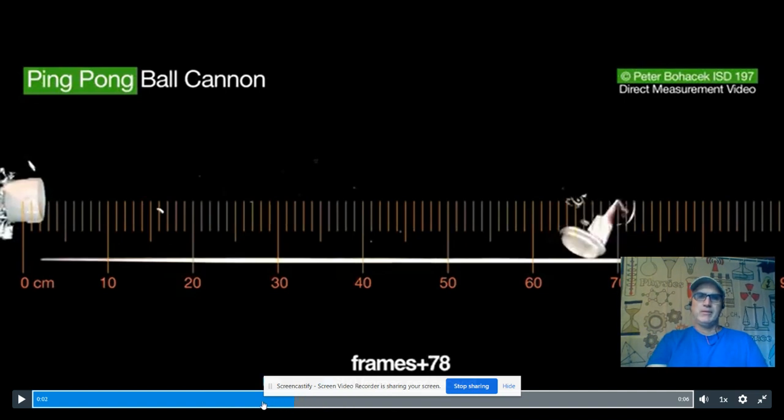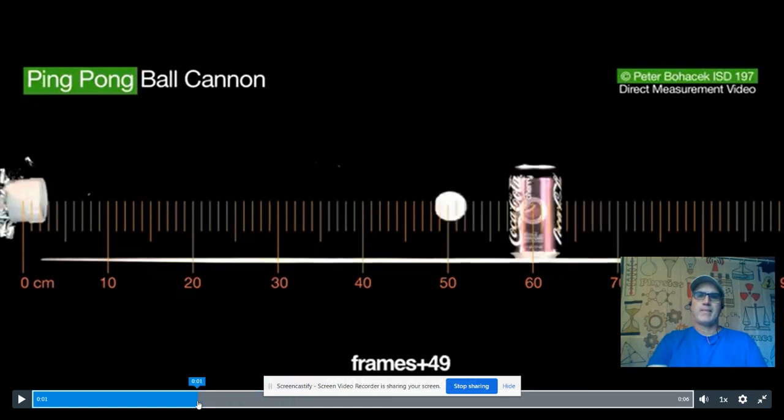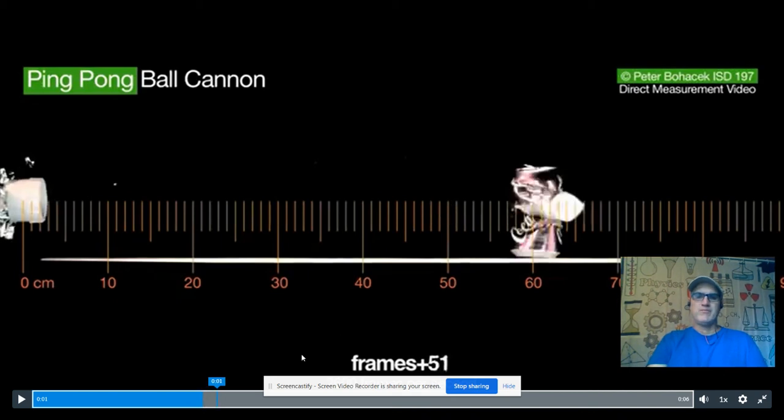Right, and then there, we're almost there, right? So this is at frame 49. And right there, frame 51. Frame 51, frame 50, looks like we're at the hit. So I suppose if we're going at the same frame rate, it would be 50 divided by 240 to get the time.